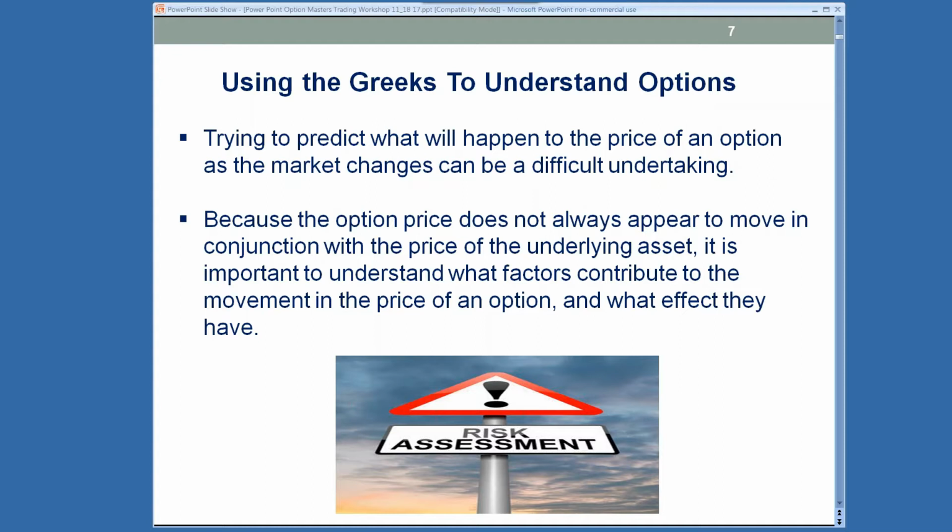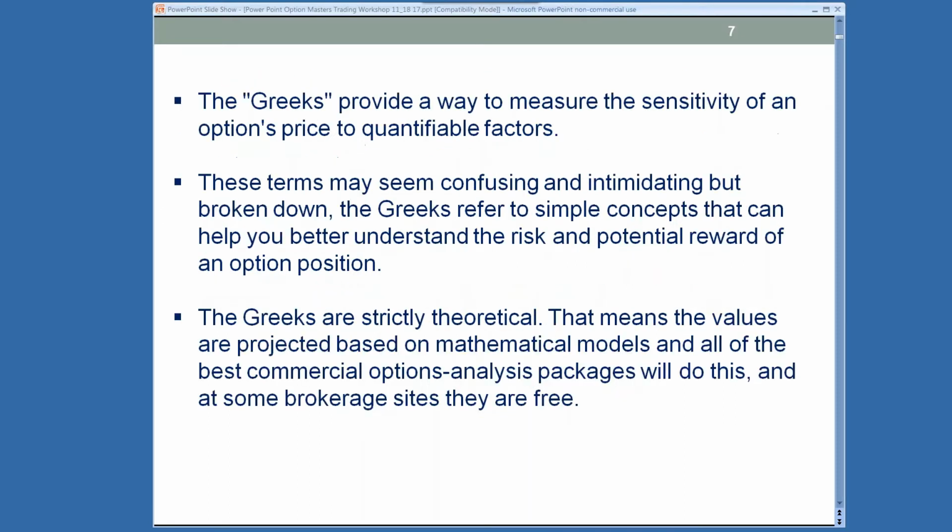So it can be a very difficult undertaking because option prices do not always appear to move in conjunction with the price of the underlying asset that you're trading. So it's important to understand what factors contribute to the movement in price of an option and how they affect that price. So that's where the Greeks come in handy.